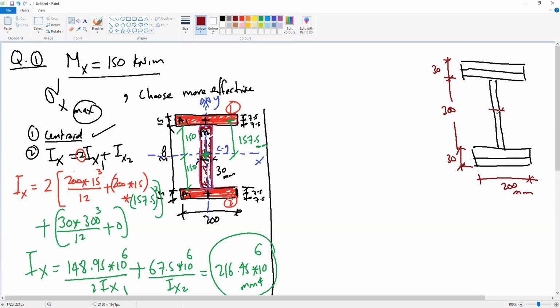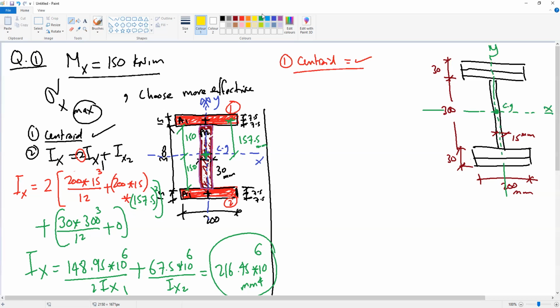The thickness of the web is 15 millimeter. So for section 2, the centroid also is known because the section is symmetric. So the x-axis will be in the middle here, the y-axis will be in the middle here. So this will be our CG for the whole section.